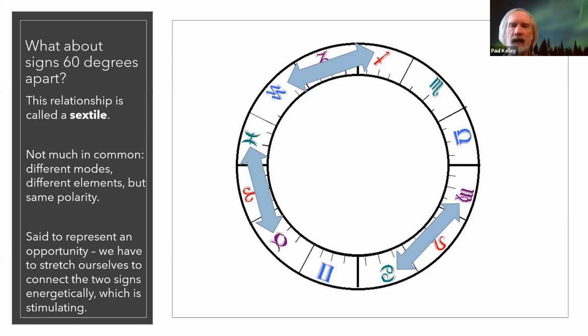It's different from that frustrating energy that we work out to make it productive. It's different from that easy flow of energy that just feels good because it's familiar, and it's different from those opposing pairs, those opposing energies that are really just two sides of the same coin that we then become aware of. We become aware of the coin itself and the two ends of its spectrum. So sextile is the name of the relationship between signs that are 60 degrees apart.